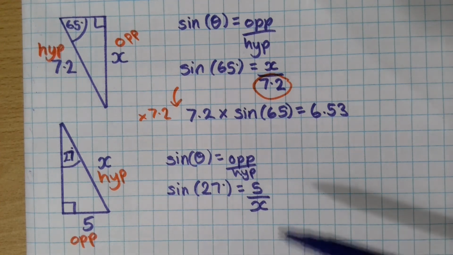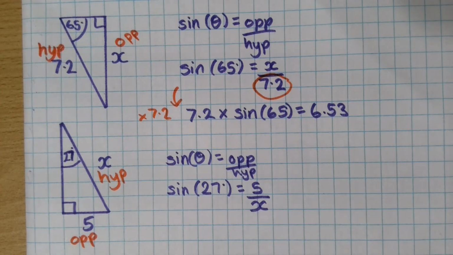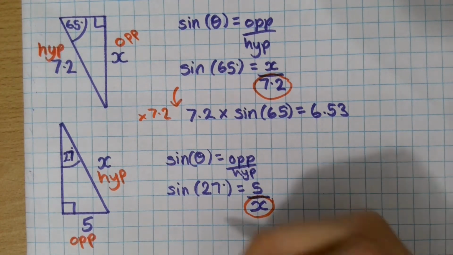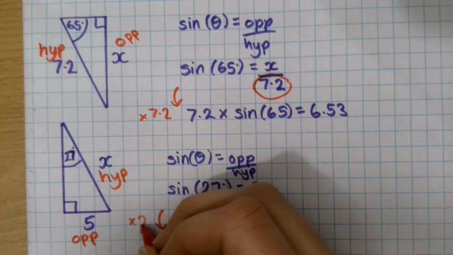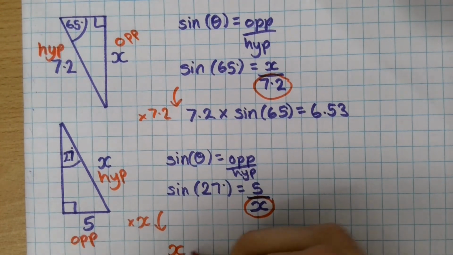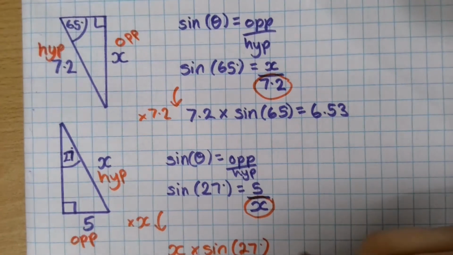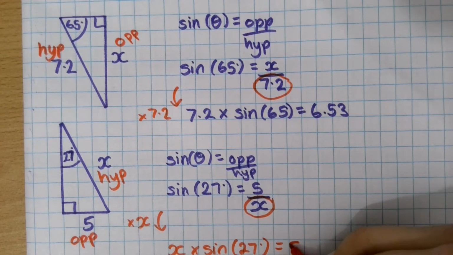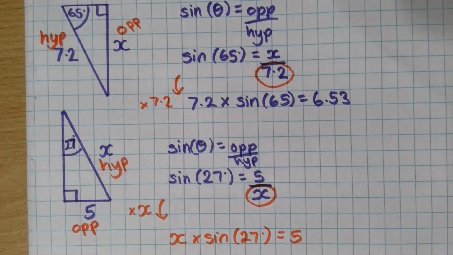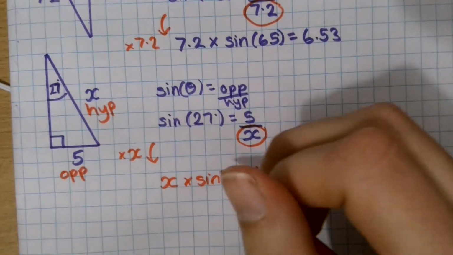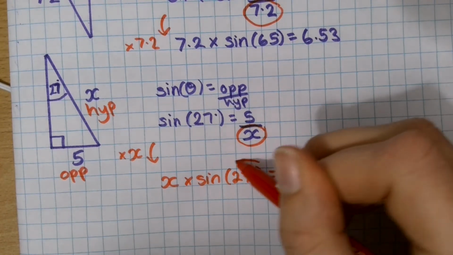We want to get x on its own. At the moment, x is on the bottom of a fraction. We don't like it being there, so let's multiply by the bottom of the fraction. Let's multiply by x. That gives me x times sine 27 degrees equals 5. Fair enough, but that still hasn't given me x on its own, has it? What's stopping x from being on its own is this.